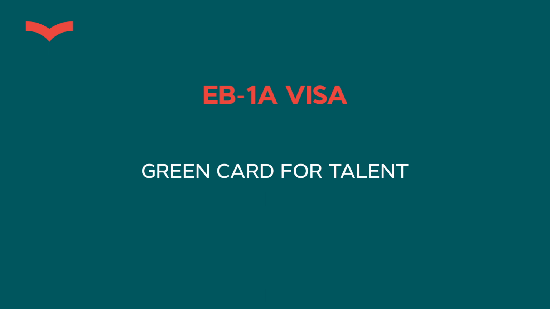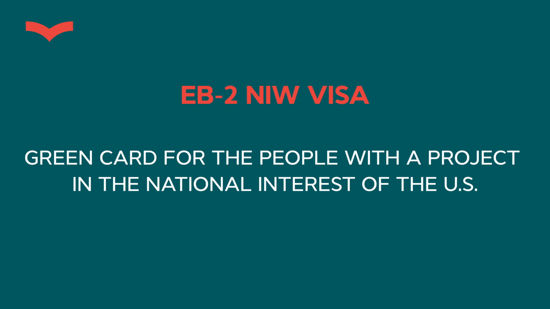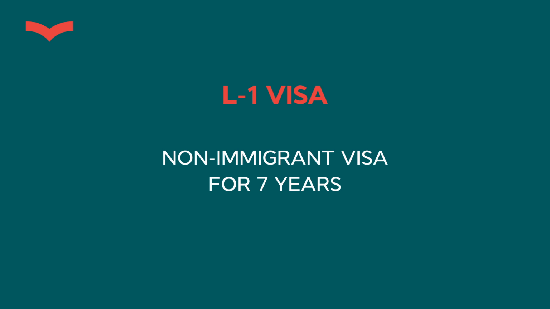EB1A is a green card for talents. EB2 NIW is also a talent visa for those who have a project in the national interest of the United States of America, and you will get a green card for that. Okay? And L1 is a non-immigrant visa for 7 years to come and work in the US for those of you who are top managers or executives in companies abroad and want to do the same role in the US.